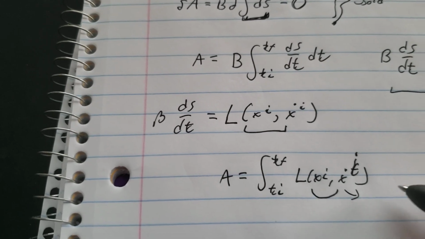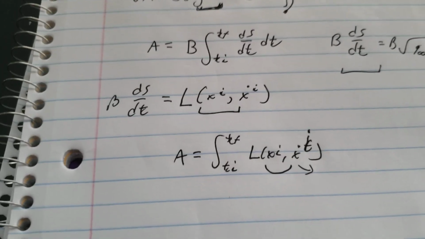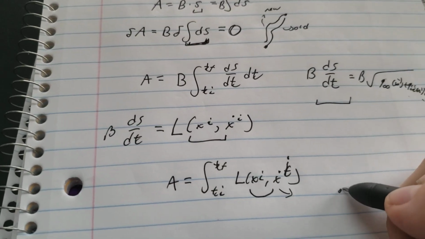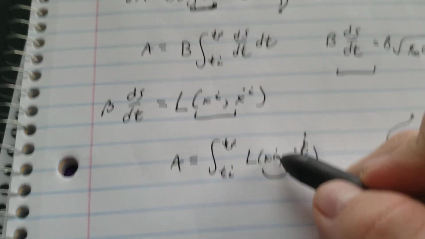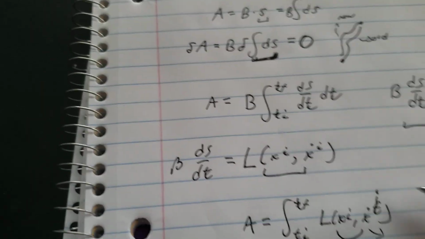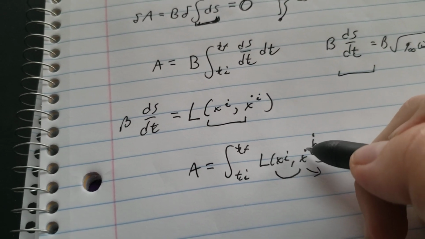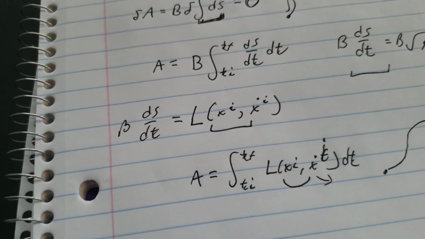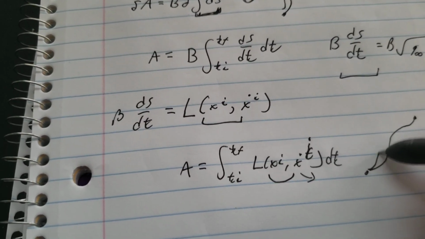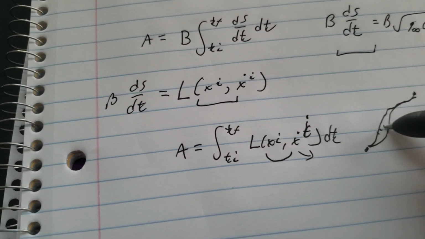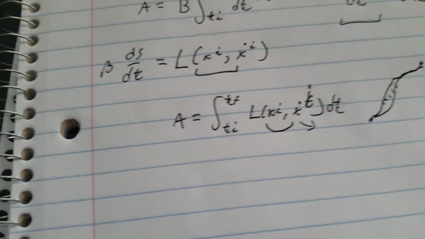Well, the idea is that when you take this path, which is defined by the form of x_i as a function of t and x dot i as a function of t, when you vary that path slightly, it's not going to change this.